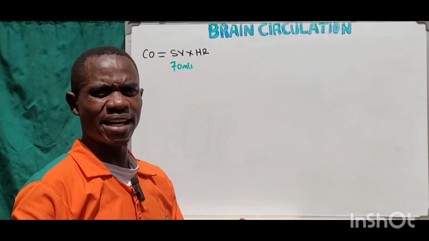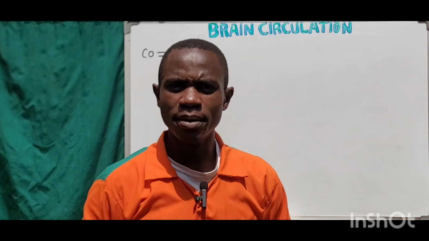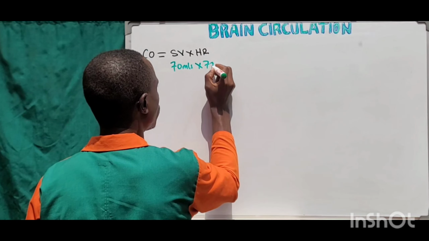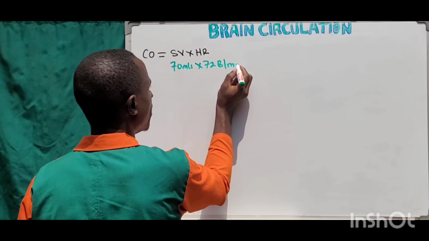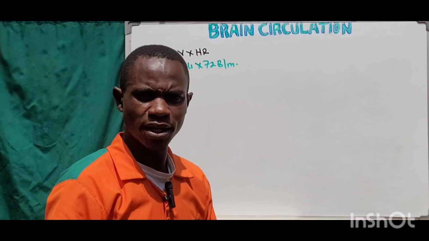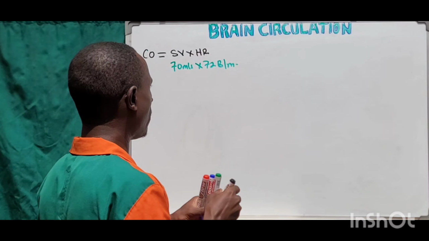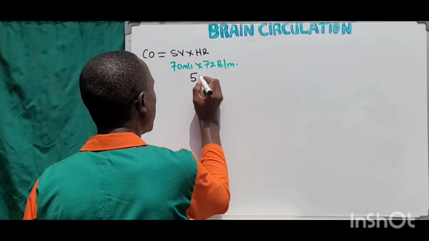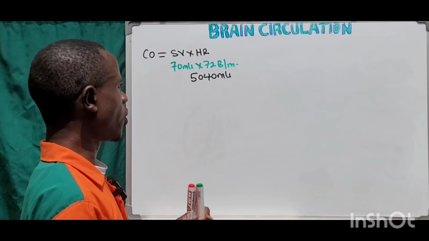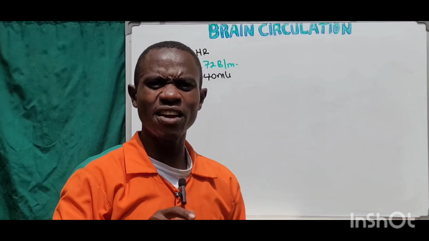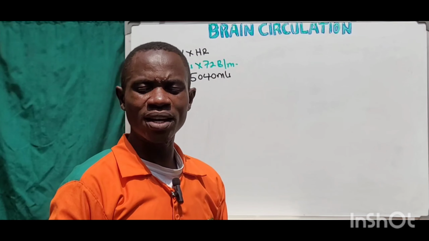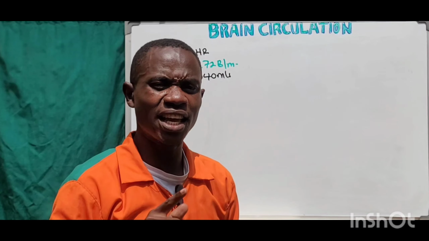Heart rate is the number of beats the heart can make in a minute, close to around 72 beats per minute. With this simple mathematics, we end up with approximately 5,040 mils, which is the cardiac output. It means that every minute which passes, the heart can push out 5,040 milliliters.